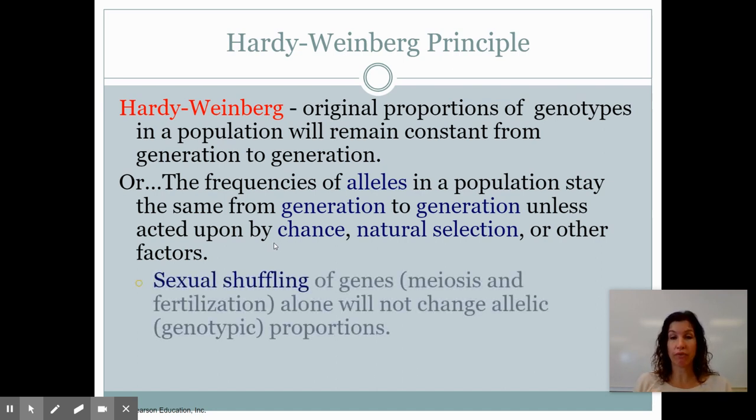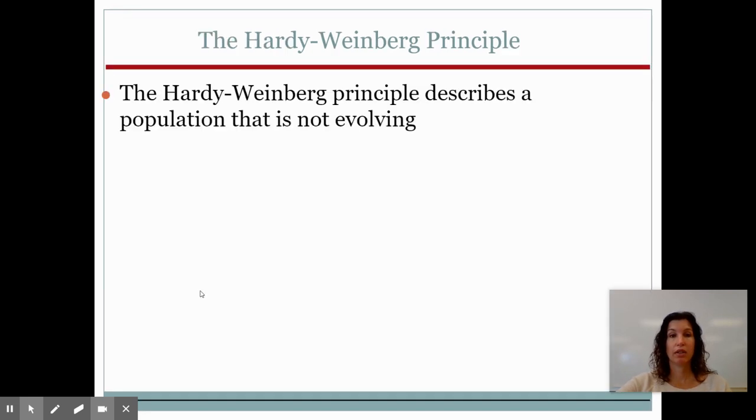So sexual shuffling of genes, which happens in meiosis and fertilization, will not change allelic proportions. So if we're just mixing up the alleles in the population, the frequency of those alleles is not going to change. Let's say we had a homozygous dominant parent and a homozygous recessive parent, and they created heterozygous offspring. We still have the same alleles, right? They're just shuffled differently. So keep that in mind.